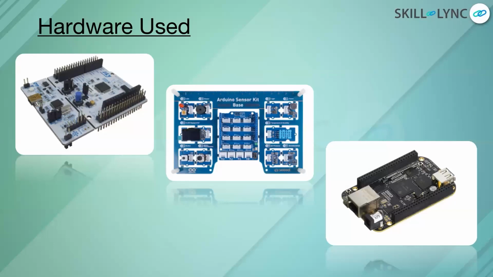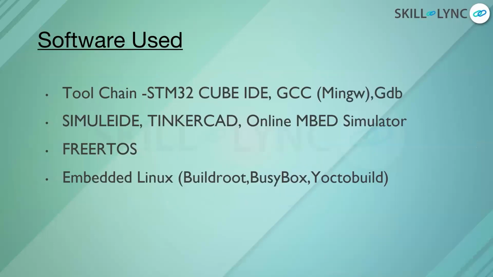You have low-cost platforms like STM32 microcontrollers, platforms like BeagleBone Black, which supports embedded Linux, and affordable sensor kits where you can try connecting many external peripherals to the microcontroller and see how it works.